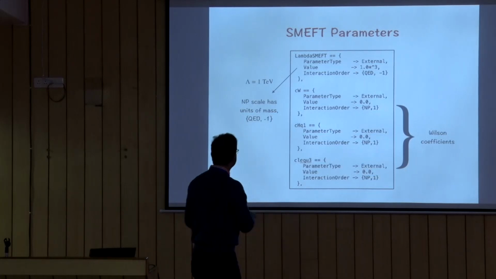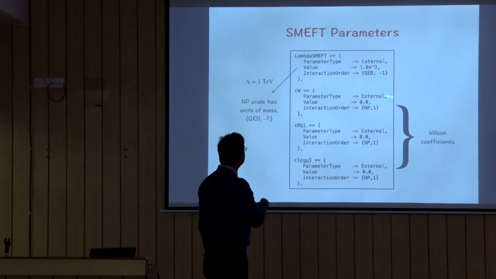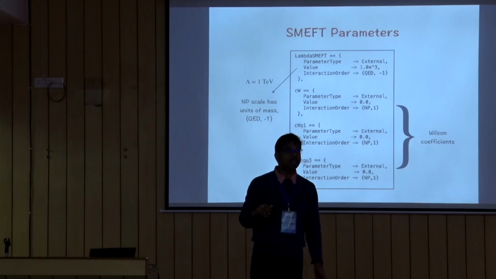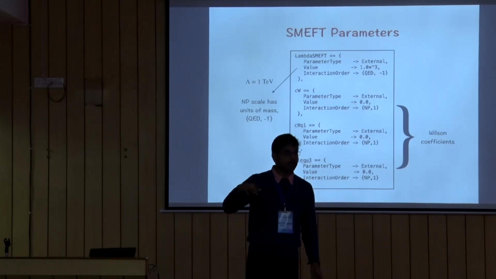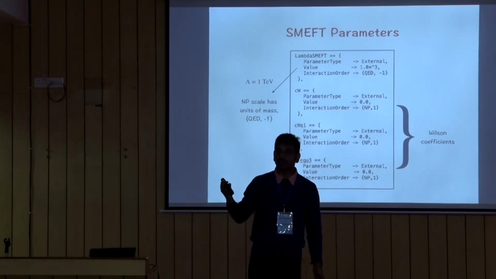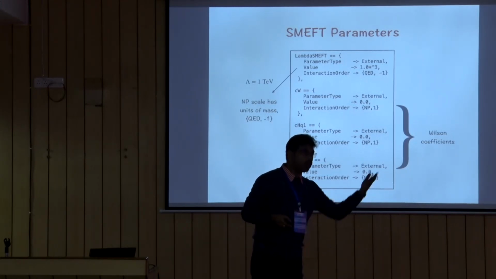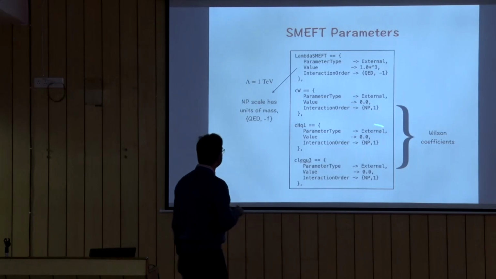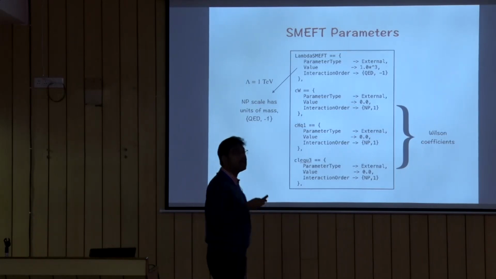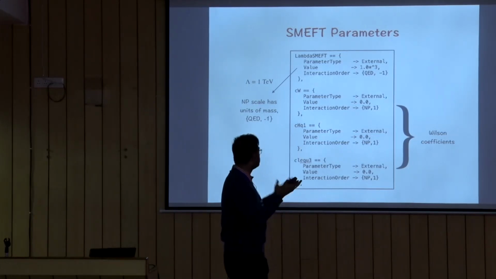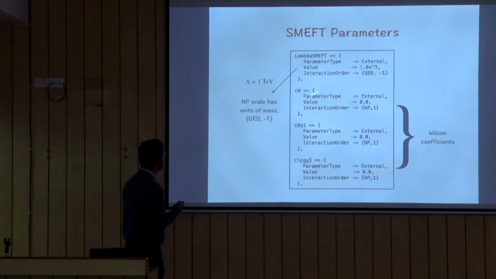So here in the value, instead of quoting 0.1 or something, you have to include that 1 by 16 pi squared explicitly if you want. You can also put that in the Lagrangian separately. You can put it here also. If you are varying the parameter, wherever it is easier for you, you can do that.